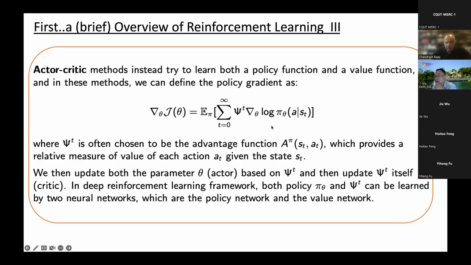And this is expressed in this functional where the gradient of the policy now has this psi t term, besides taking the sum of logs of the policy function. And here you have to update the parameters of the actor based on the evaluation from previous rounds. And then, of course, the value is also updated as you go along. So both the policy and the value functions are trained by two neural networks called the policy network and the value network.